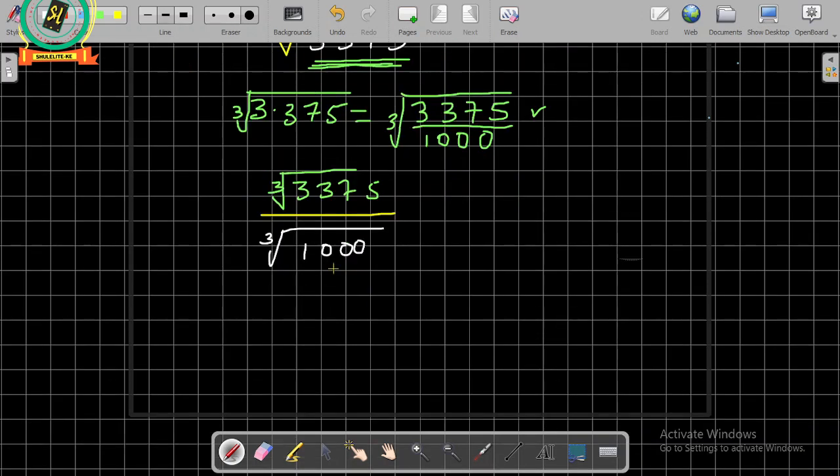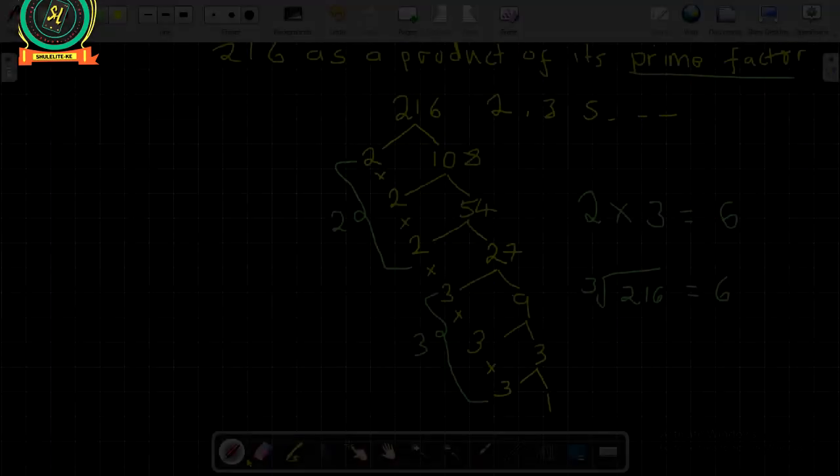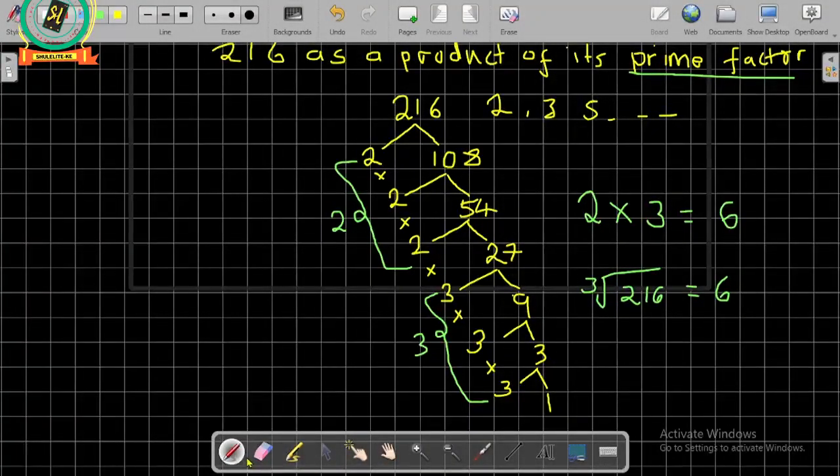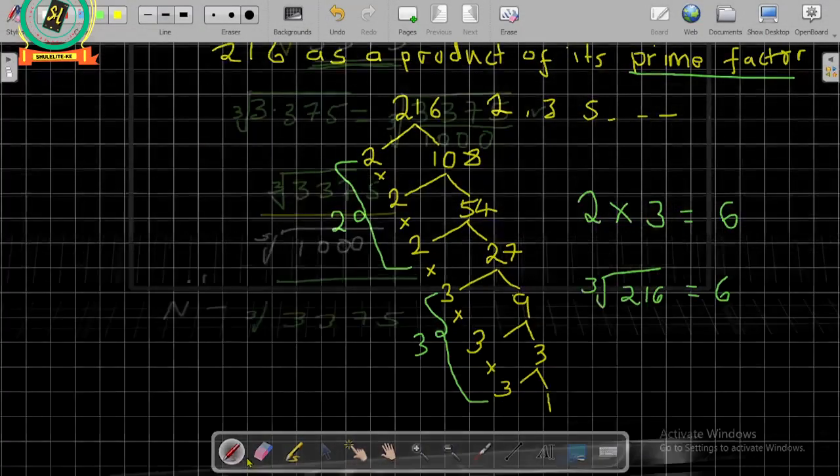Okay, let me begin from the numerator. We are going to have the cube root of 3,375. So using our earlier concept, the concept which we've just learned from 216, we are going to do the same thing.